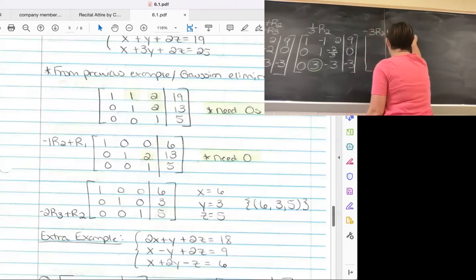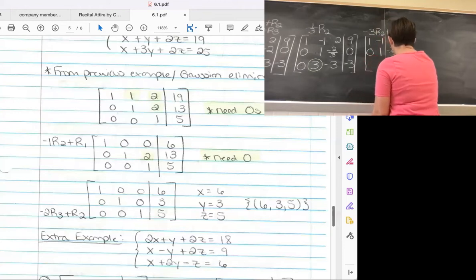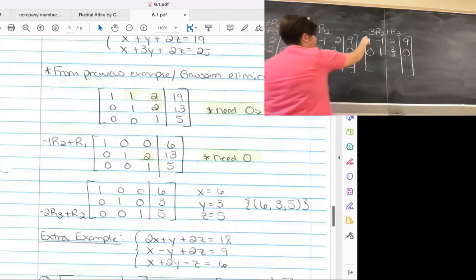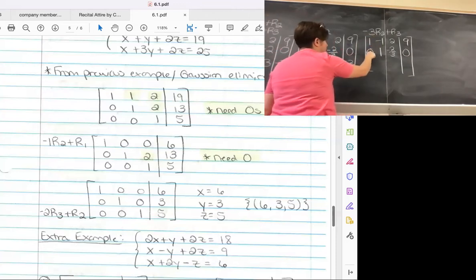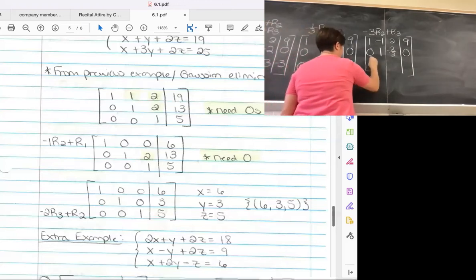So rows 1 and 2 are not changing. What is changing is row 3. Negative 3 times 0 is 0. Add to that 0 is still 0.